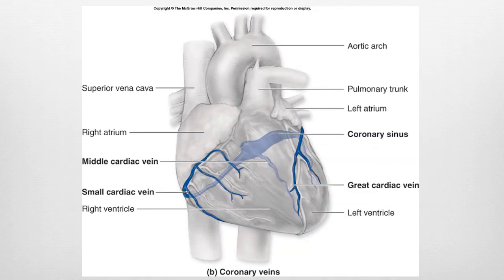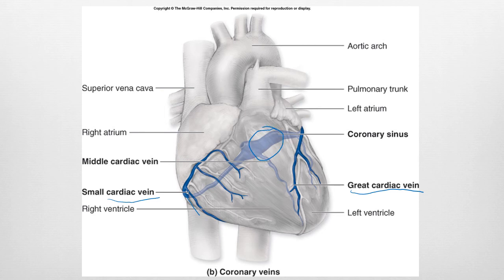For return of blood, we then have the great cardiac vein. We have the small cardiac vein. The great cardiac vein basically drains the anterior part of the heart, the left ventricle, and then it goes into the coronary sinus on the posterior side.